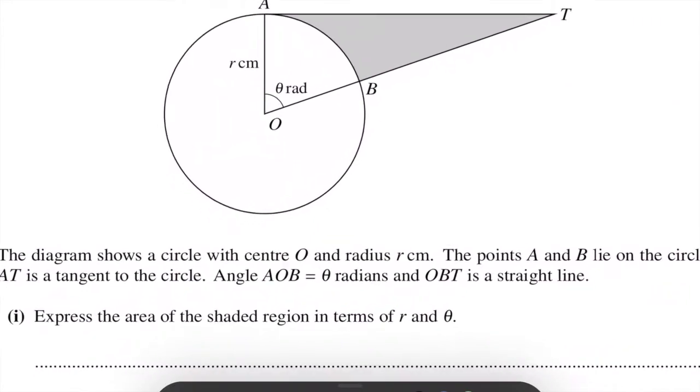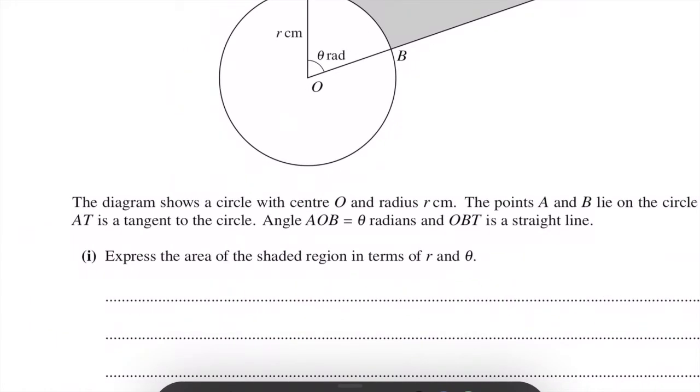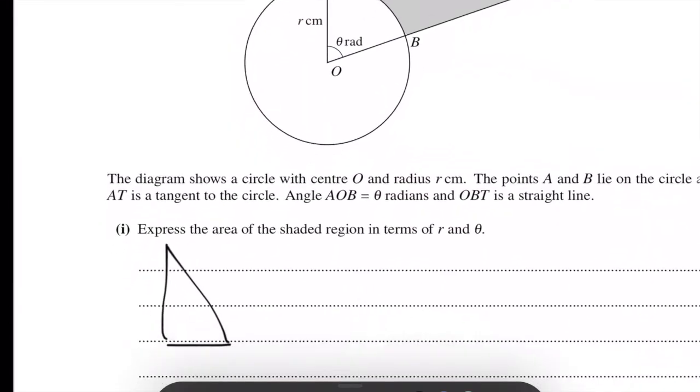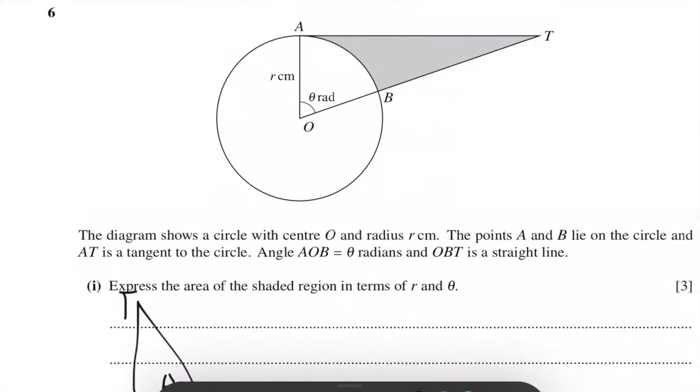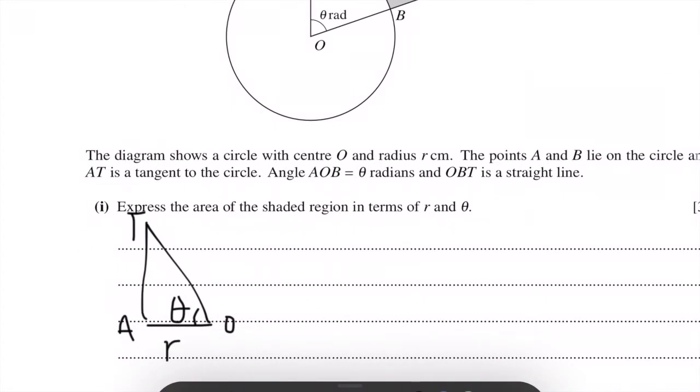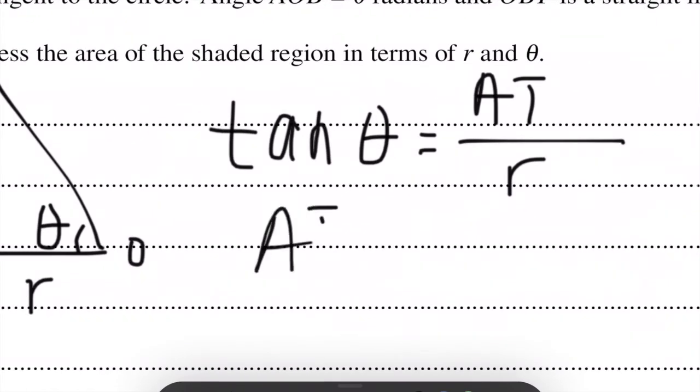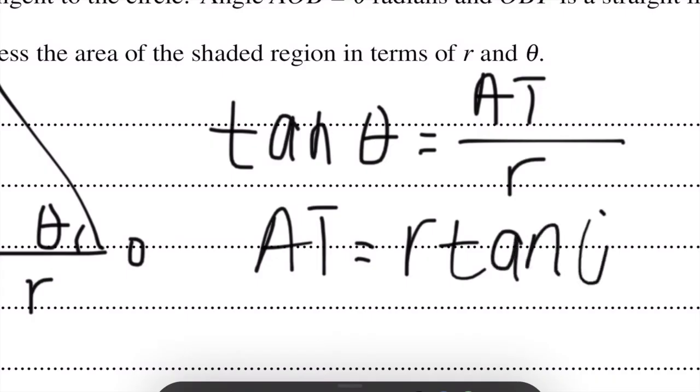For number 6, what we're going to do first is to find the length of AT. This is theta. This is r. So we can use tangent. Theta is equal to AT divided by r. So AT is equal to r tangent theta.